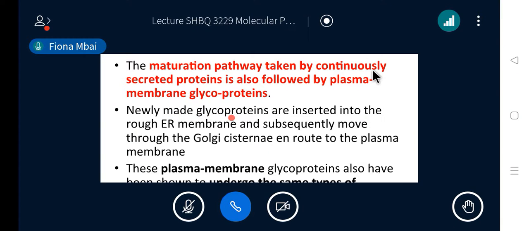So newly made glycoproteins are inserted into the rough endoplasmic reticulum membrane, and then subsequently they move through the Golgi cisternae en route to the plasma membrane. And these glycoproteins also have been shown to undergo the same types of modifications in the same endoplasmic reticulum and Golgi compartments that we find secretory proteins.